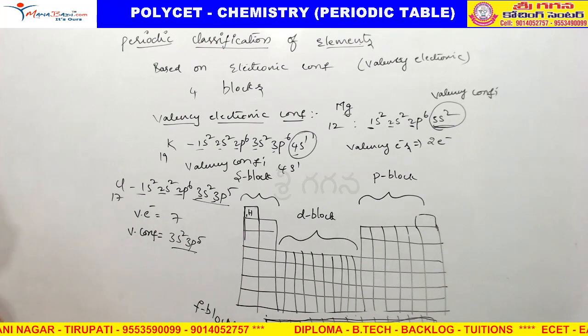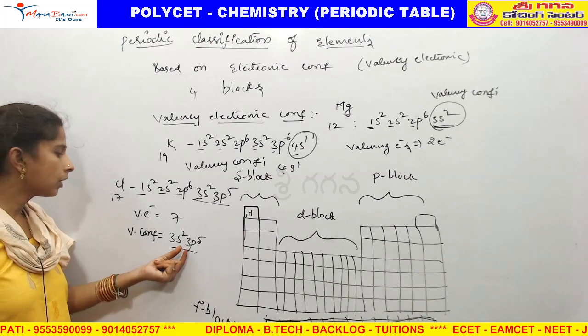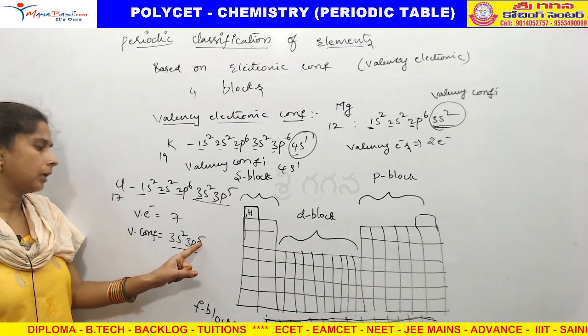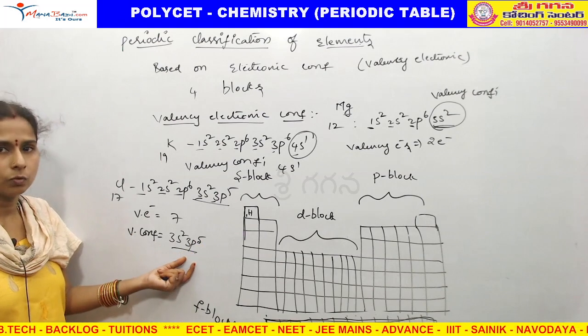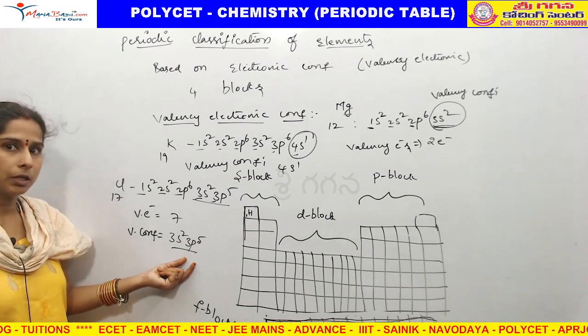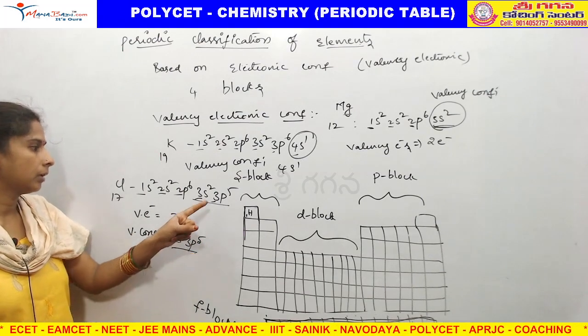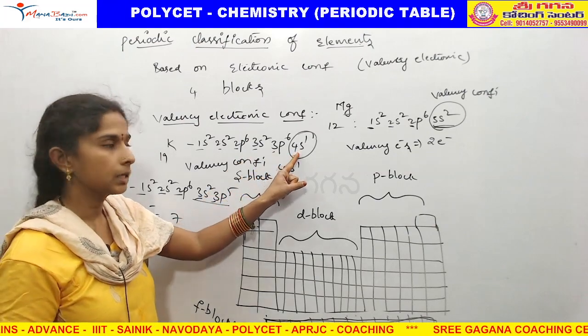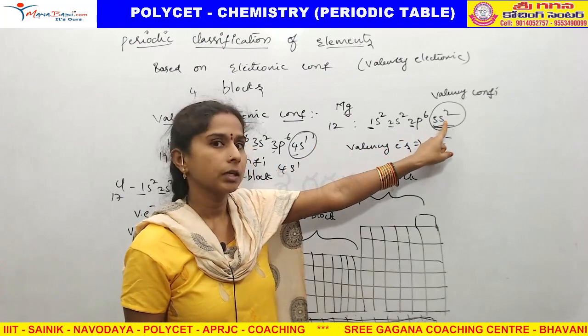If you observe here, in the valency configuration, the last electron, the 5th electron in the p orbital, in which orbital is it going? P orbital here. Here, P orbital. Here, S orbital. Here, S orbital.